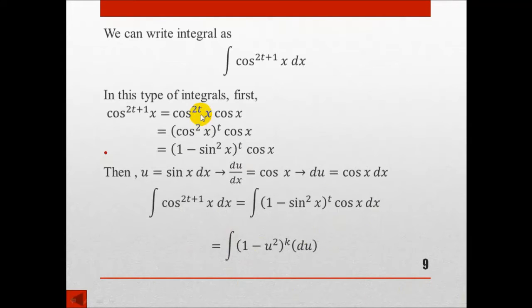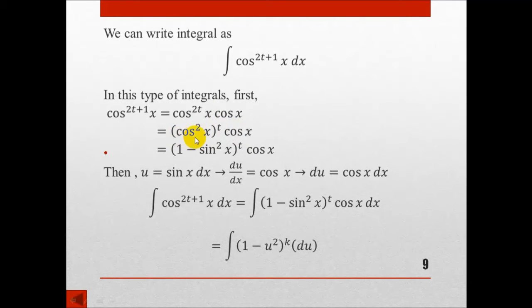And then if there is sine and we have cosine here, the integral of cos x to the power of 2t plus 1, same as before, we can use the cos x here: cos x to the power of 2t times cos x. And then we can make a different form. The t we can take out of the bracket, times cos x.